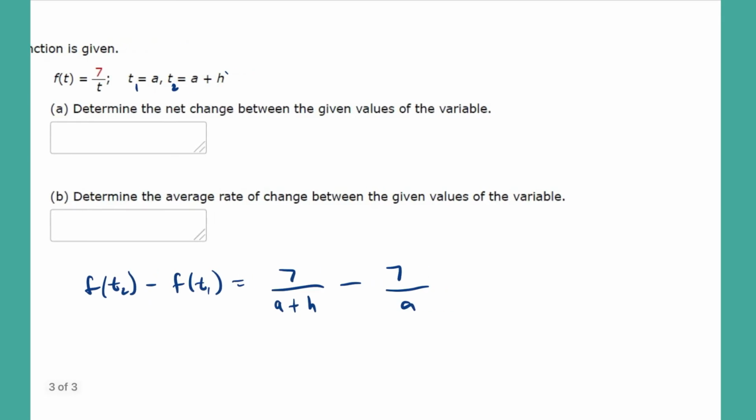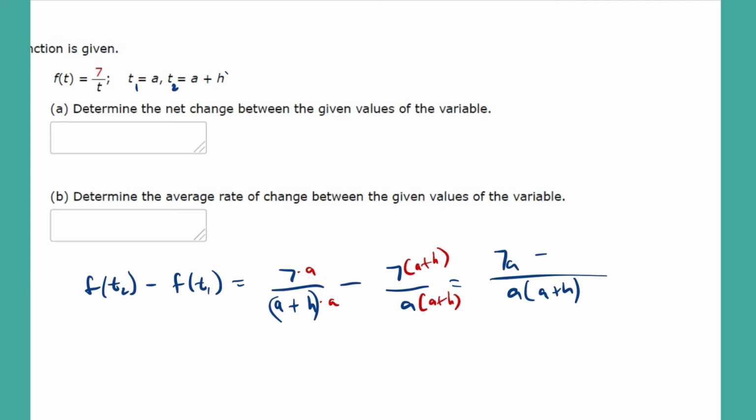All right, so for this one, we're going to need a common denominator, which would be a plus h. And then here we're going to have to multiply this by a. And here we're going to have to multiply by a plus h. That's how we get our common denominator.